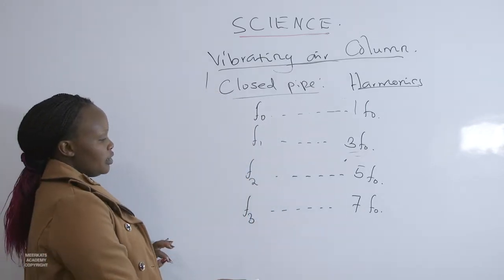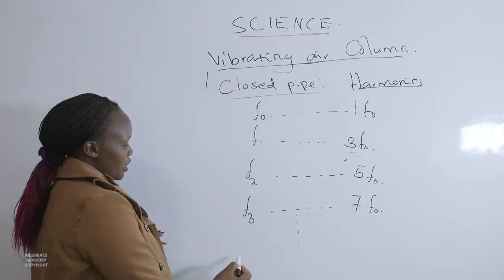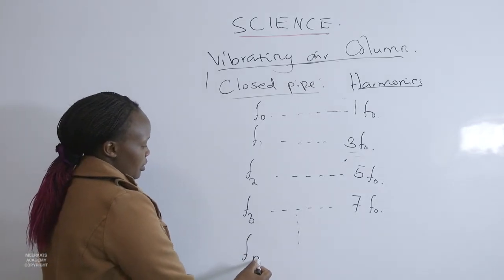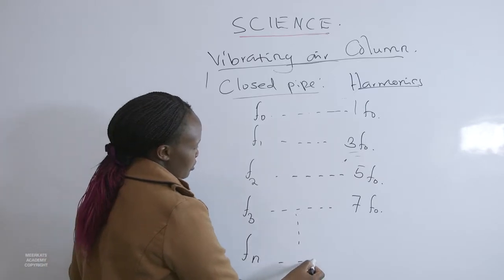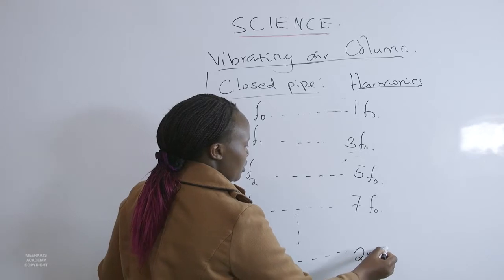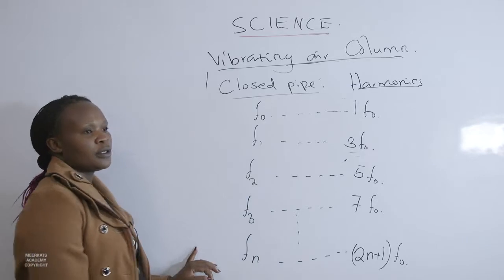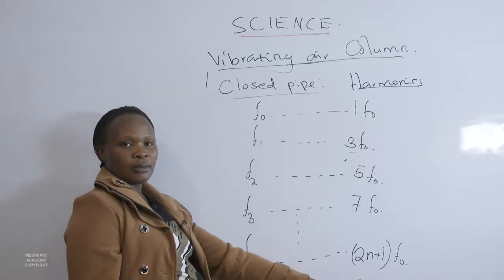And from that relationship, we can proceed and find out that Fn is going to be 2n plus 1 times F0.